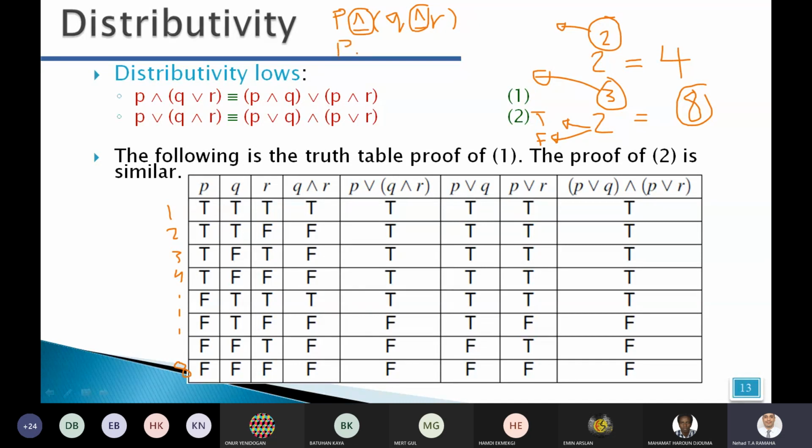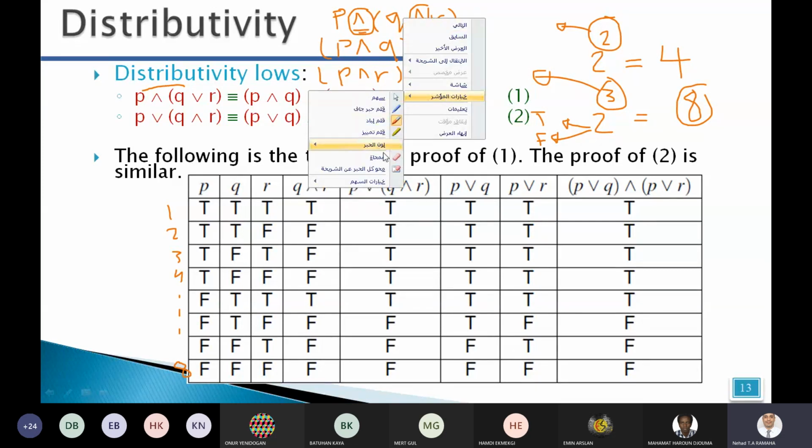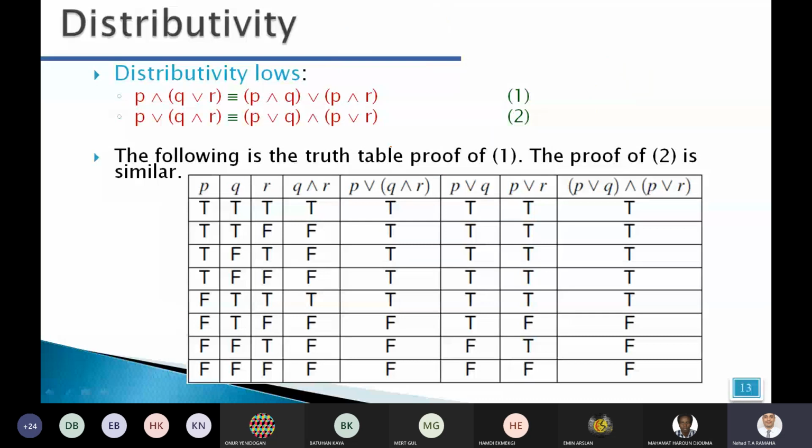You can take P and Q alone, then and R. Or you can take P and R. It's another rule. I will mention it. But you cannot distribute it if you have both and or both or.